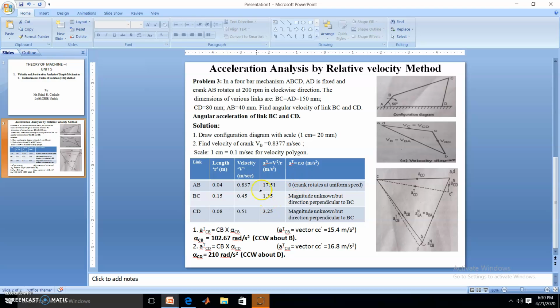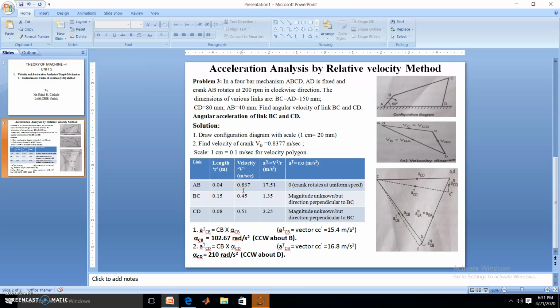Keep in mind, when the crank is moving with uniform speed, the tangential component of the crank is 0. So there is only one component for the crank, which is the normal component, because the crank is moving with uniform speed. So the tangential component value is 0.